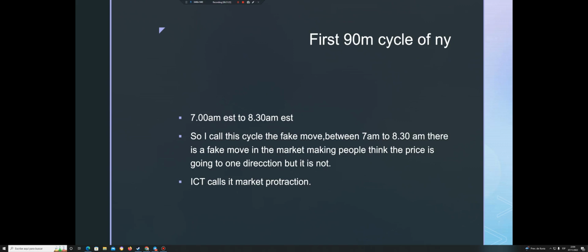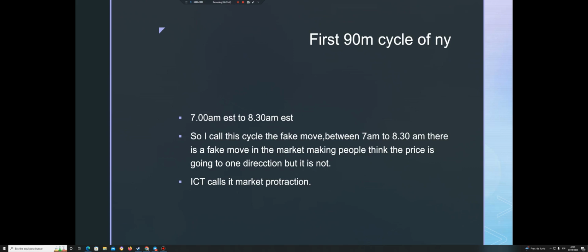Of course, like I told you, this is not always going to happen like this, but most of the time, I promise you, go and check and study the charts. Most of the time a fake move on the pre-New York is going to happen.